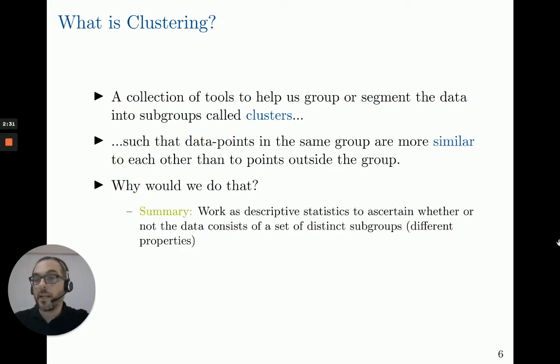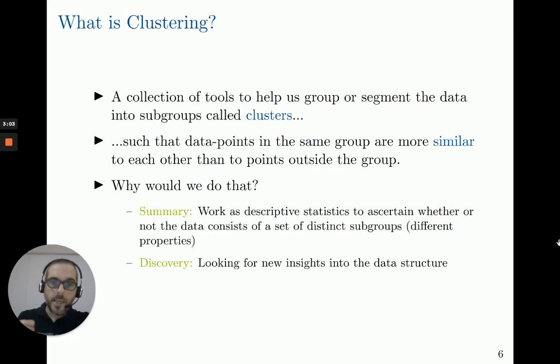It's a way of summarizing information, like descriptive statistics, to see if averages or variances differ among different groups. So we can model heterogeneity in our data, and we can use this heterogeneity to tune different marketing strategies, different investment strategies, and many possible applications.